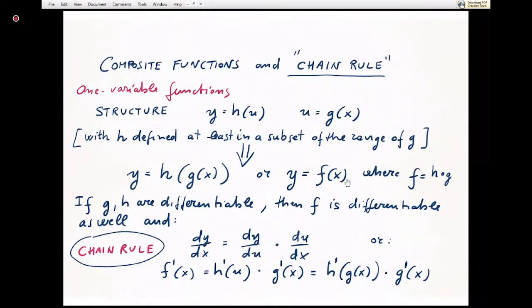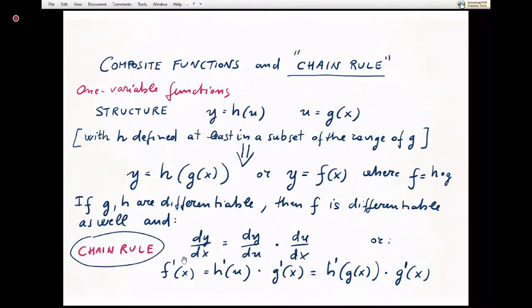And the basic theorem on the derivative of composite functions states that if g and h are differentiable, which means they have their derivatives over their domains, then their composition f is differentiable as well. So it's possible to compute the derivative of the composite function.